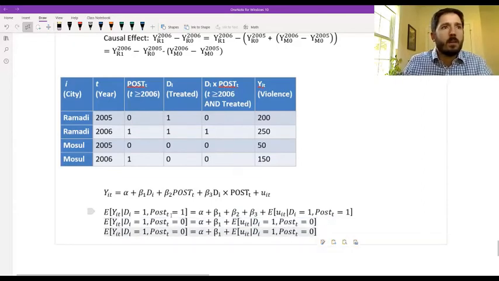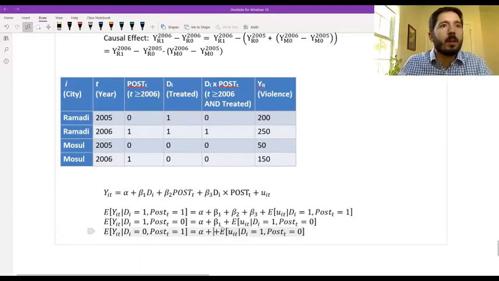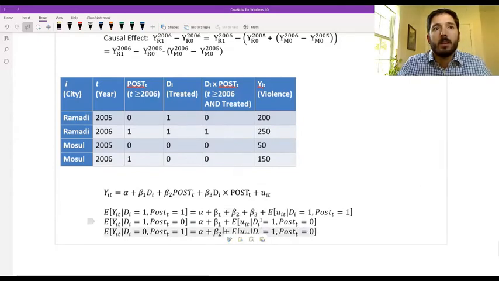Okay. Two other options. We've got the control group in the post period. So what's changed there? We're losing this beta 1, but we are going to have that beta 2. No beta 3, because we got a 1 times a 0 still there.